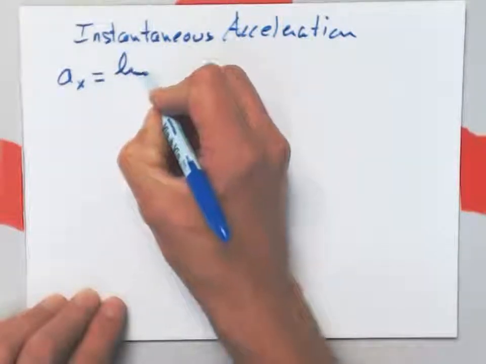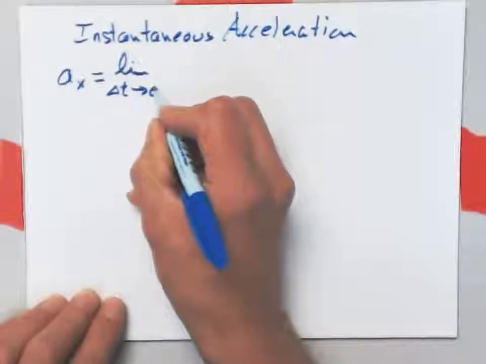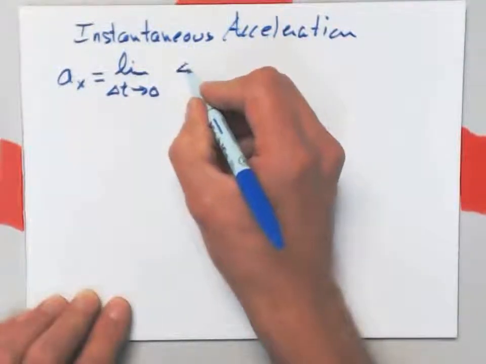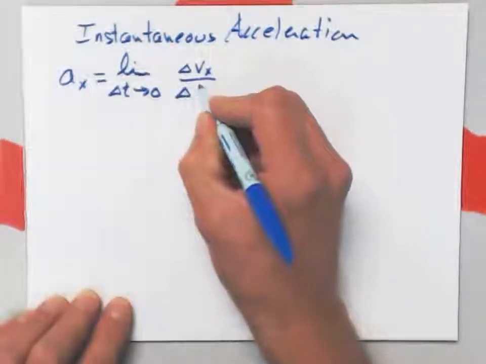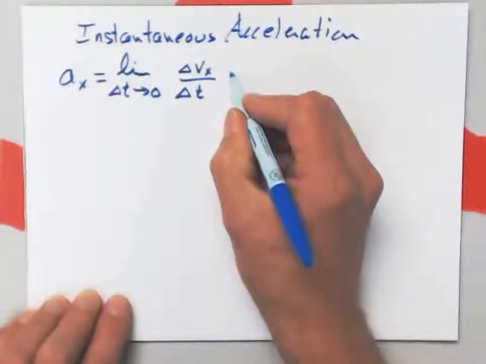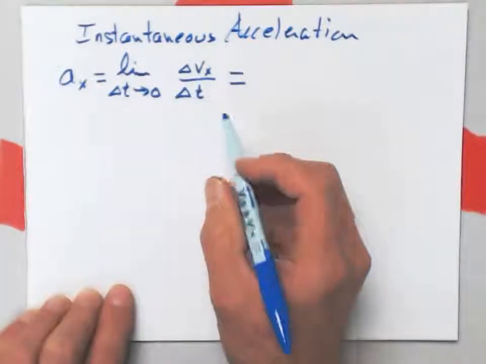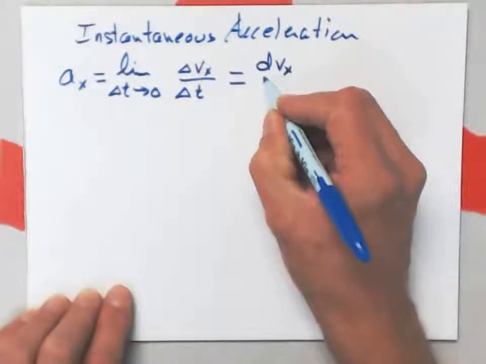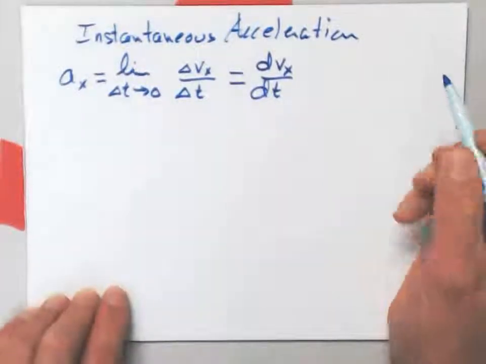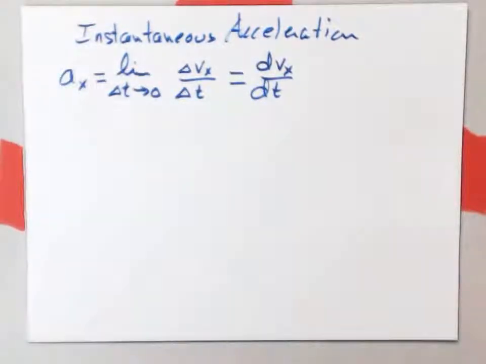It will be the limit as delta t goes to 0 of this expression, delta v sub x over delta t. And in calculus, you'll learn soon that this particular limit can also be written as dv sub x dt. By the way, if you've never seen a limit before, you're going to see one soon in calculus, and so that's why I'm not going to bother to explain that here.